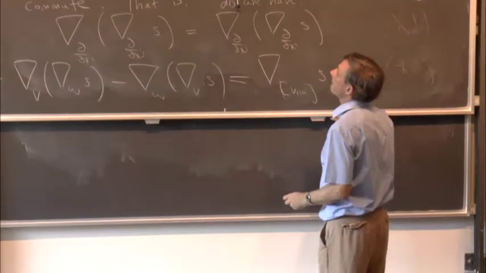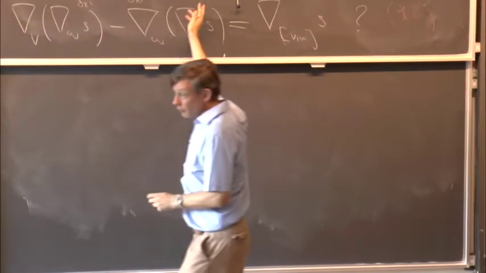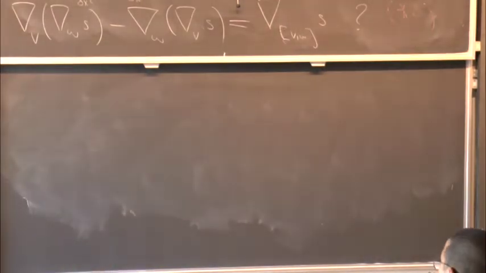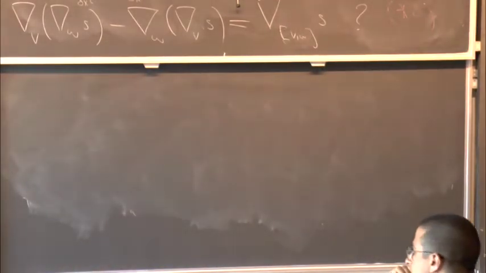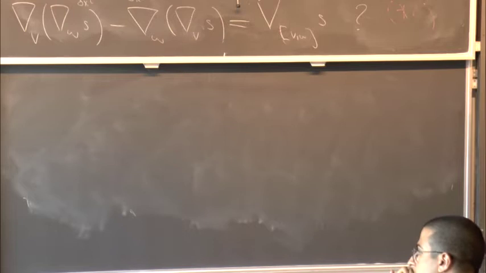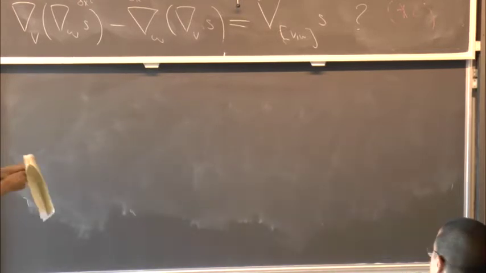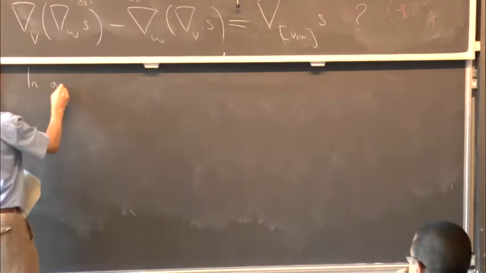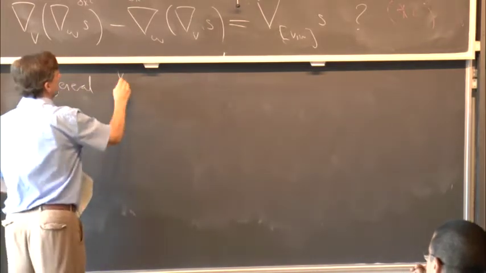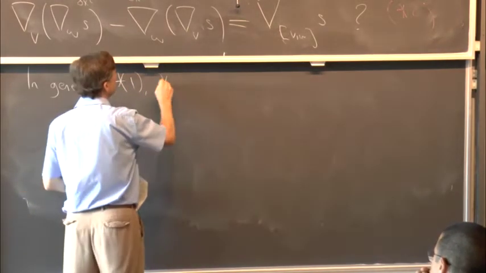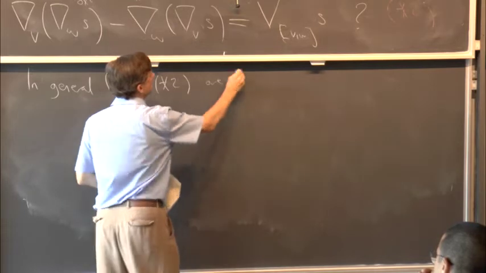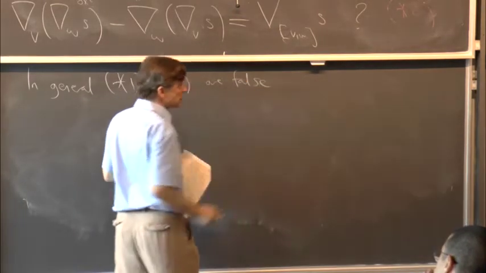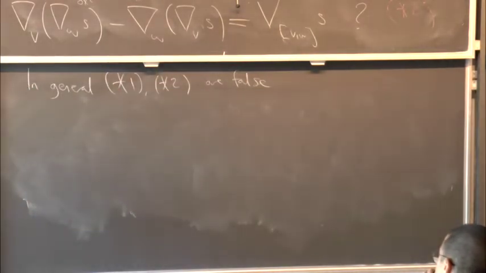So this is what it would mean for the partial derivatives to commute for connections as well as for functions. And the answer is that no, these aren't true in general. So in general, star 1 and star 2 are false. They're actually true if and only if the connection is what's called flat.